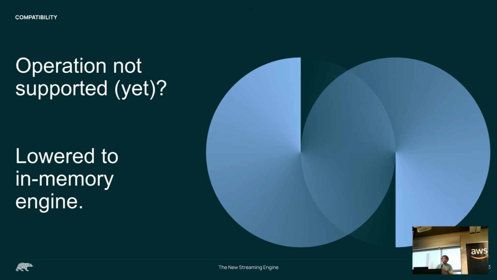With the new streaming engine, if a part of your query graph is not supported yet, it will only run that part on the in-memory engine, and everything else, if possible, can still run in the streaming engine. So if you have a large query and only the final bit has some really weird function that's not supported yet, only that part will run on the in-memory engine.